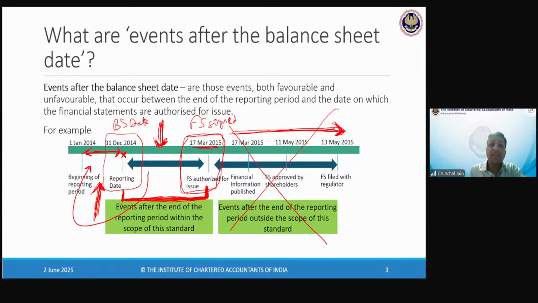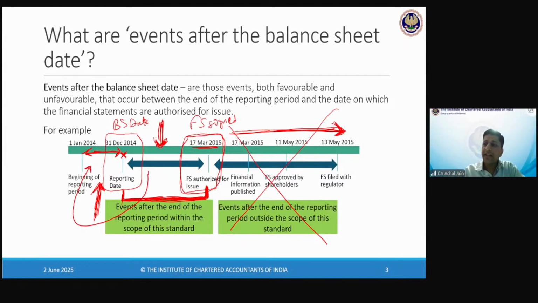Any event which will take place during that period, we need to ignore that. Second, which takes place after the balance sheet date, but up to the date financial statements are authorized for issue. So that is going to be the period which is relevant to us as far as this accounting standard is concerned. Clear on the periods.